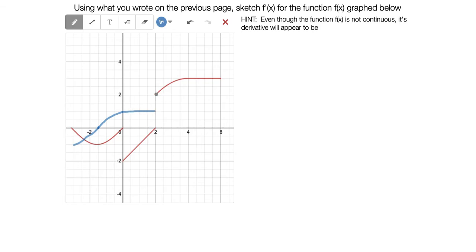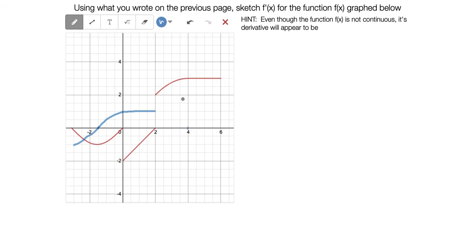And then if I look at this function for this section, it is still increasing between 2 and 4, but it is increasing at a decreasing rate, which means that the steepness is going down. By the time I get here, the function is not changing at all anymore.